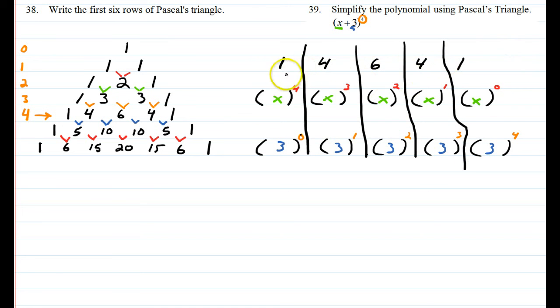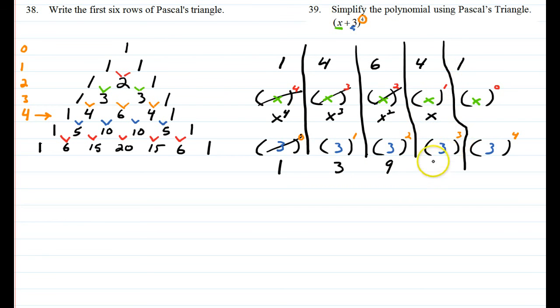All right. So x to the 4th is just x to the 4th, so we took care of that. 3 to the 0 is just 1. x to the 3rd is just x to the 3rd. 3 to the power of 1 is just 3. x squared. 3 squared is 9. x to the power of 1 is just x.